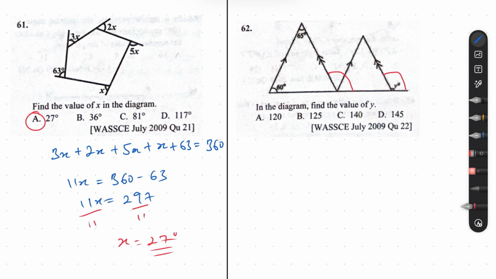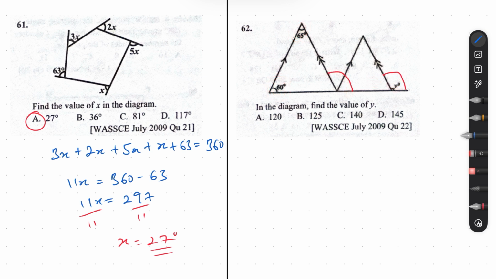Now, how do we find this angle? Once we find this angle, it is the same as this angle. In order to find this angle, we can just add the two interior angles of the triangle, because the sum of two interior angles gives us the opposite exterior angle. So this angle here is the sum of 65 and 60, and that will be equal to y.